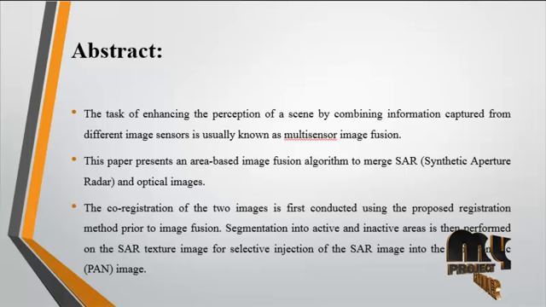Finally, this image is fused into a multispectral image through the hybrid pan-sharpening method proposed in previous research. Experimental results demonstrate that the proposed method shows better performance than other fusion algorithms and has the potential to be applied to the multi-sensor fusion of SAR and optical images.